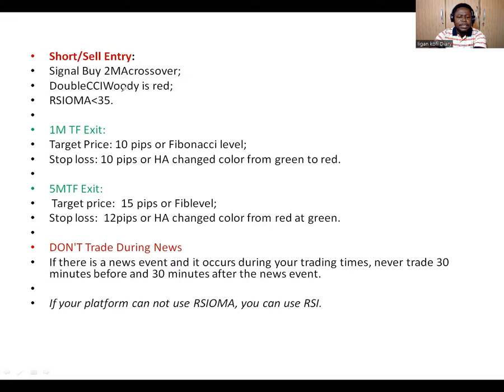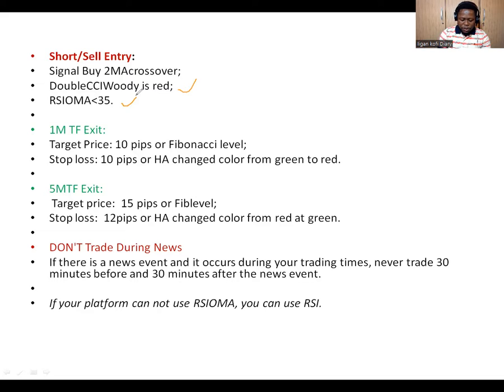And then the DoubleCCIWoody must be red. And then the RSIOMA must be less than 35. I'm sure you are getting it, right? That is it. These are the rules that he is giving.